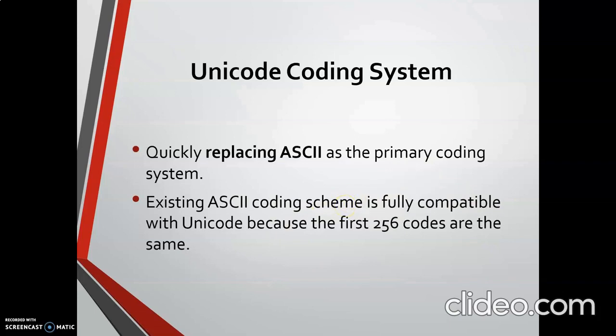I think you understand why. The existing ASCII coding scheme is fully compatible with Unicode because the first 256 codes are the same. That's why it's not difficult for devices that use ASCII to be easily integrated with Unicode, because the first 256 codes are the same, so it can match.